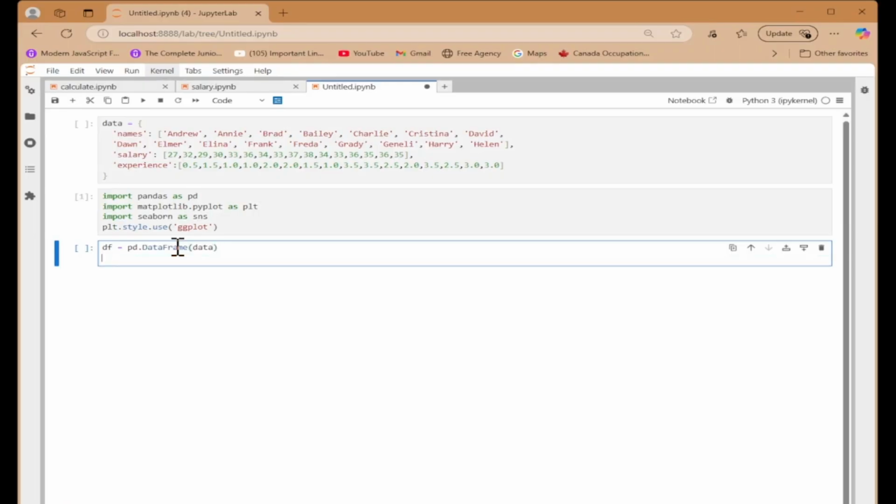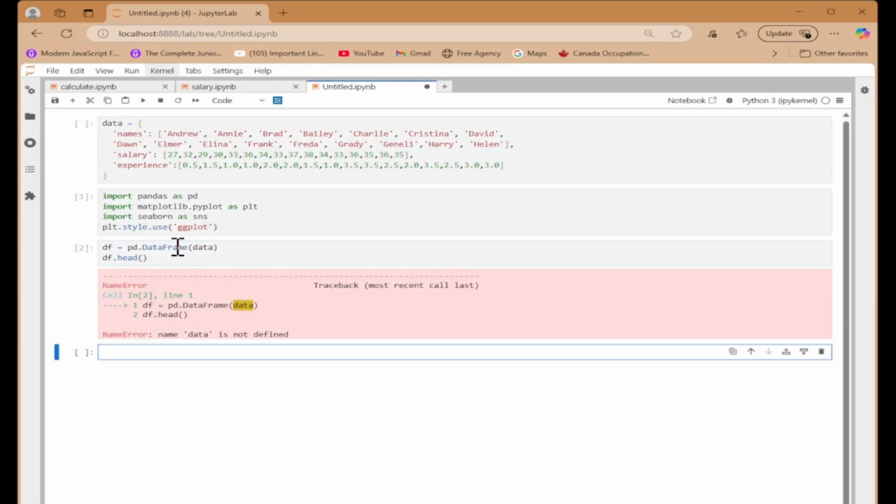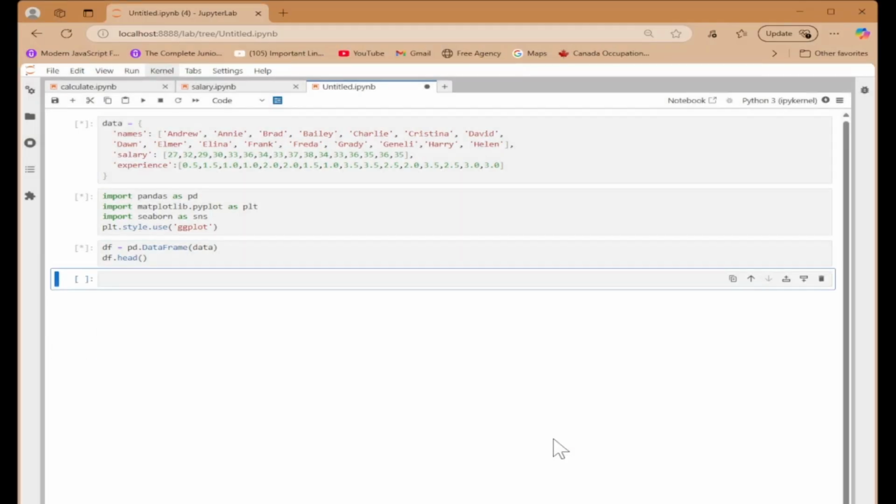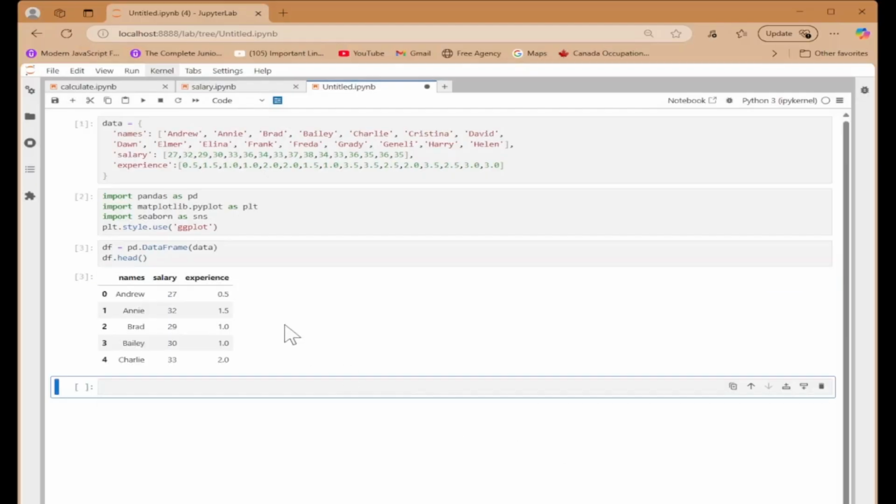Just to check, df.head, just to check 5. Okay, shift enter. Okay, df is not defined, which means I have to restart the kernel, and it is running. Okay, here you can see now names, salary, and experience.